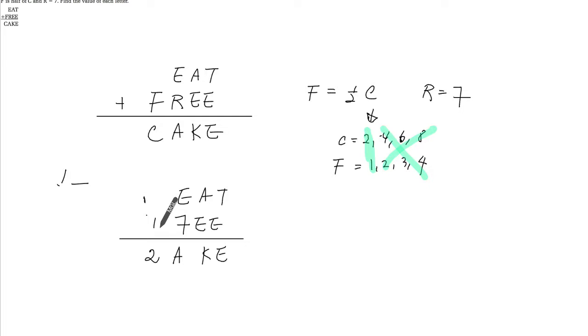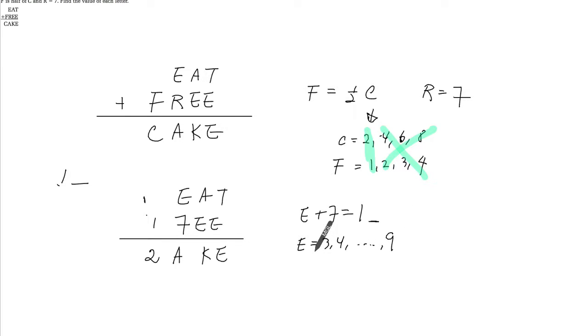Now, because this is 2, that means 1 must have carried up from E plus A. So E plus 7 must be something that starts with 1. Okay, so that means E has to be either 3, 4, up to a maximum of 9.